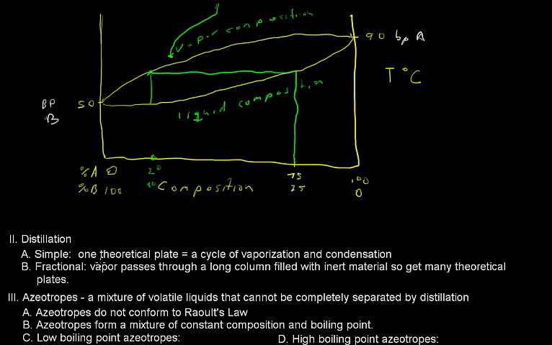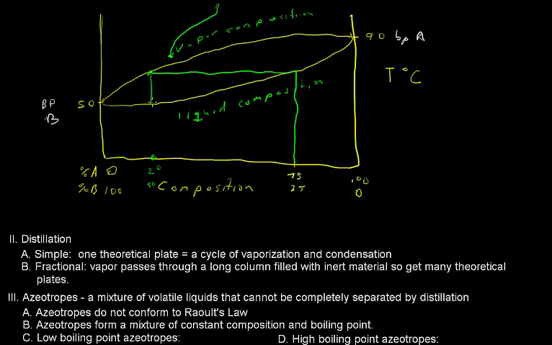It heats up over time until it reaches the boiling point of the liquid again. And the liquid re-vaporizes, goes up the column a little bit farther, cools down, recondenses, and it does that over and over again on the column. And so you get multiple theoretical plates with a fractional distillation.